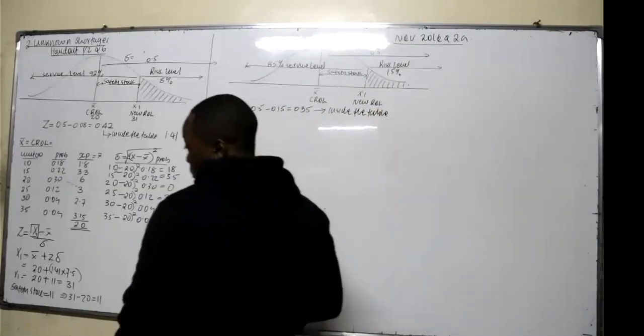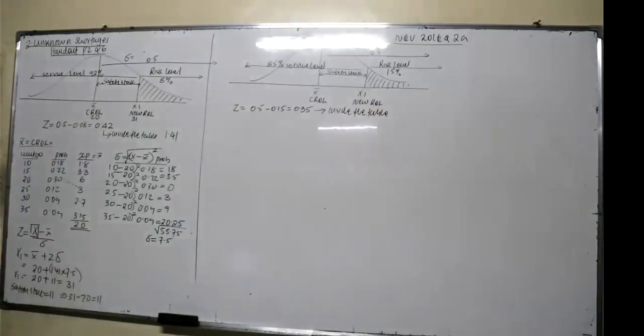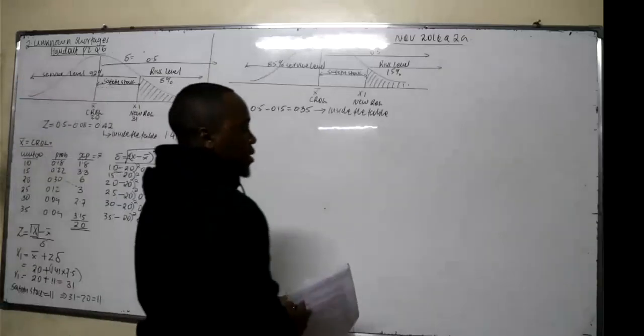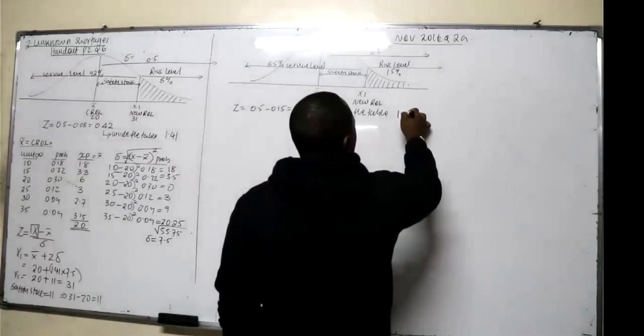Let's use the normal distribution table. For 0.35, we get 1.04.